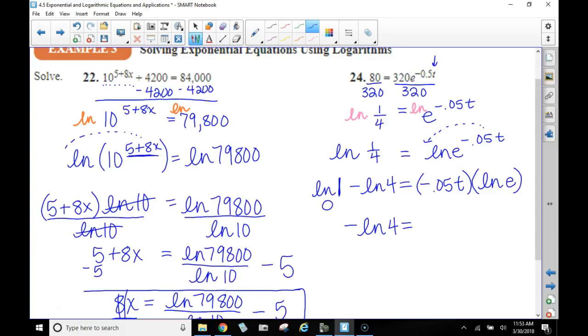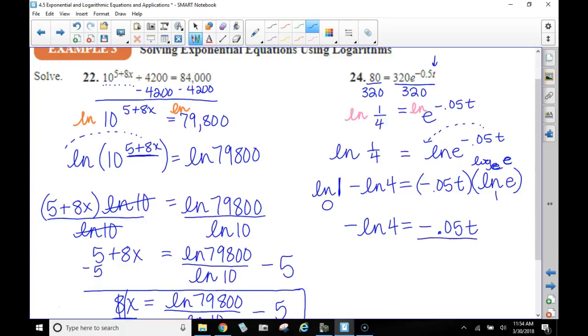If you punch in the natural log of e on your calculator, remember that this is the same thing as the log of e with base e. Anytime the base and the argument are the same, that is just 1. The natural log of e is 1. If you want to pause the video and punch that in on your calculator, you sure can. So 1 times negative 0.05t is just negative 0.05t.